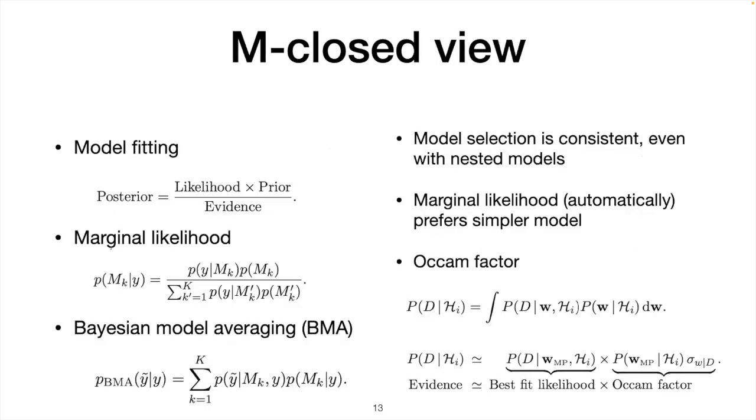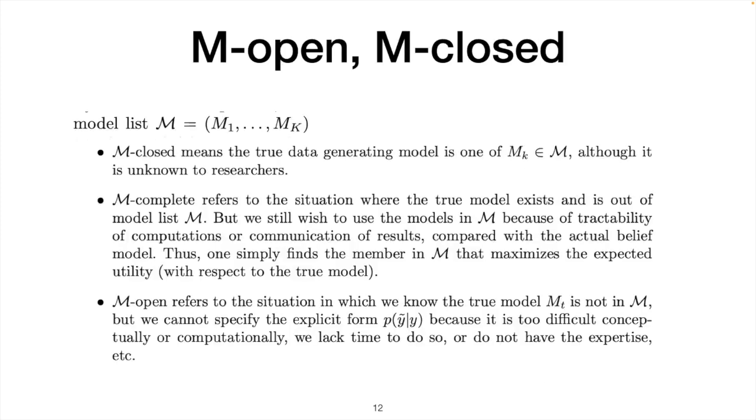I can give the difference between M complete and M open. M open just means you don't believe any of the models in the model list. And of course, you still have to use those models, that's all you have. But in the end, for example, when you do model selection, you don't believe any of the models is a true model. You just acknowledge that some of them are useful.